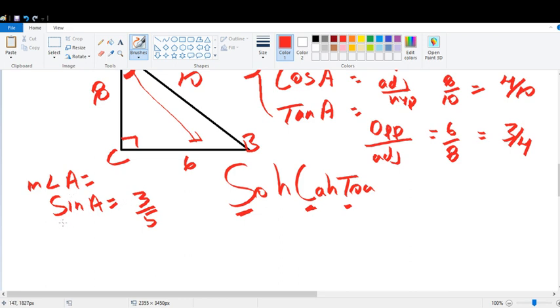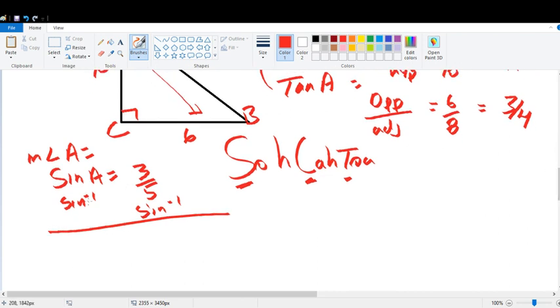In this case, the inverse of sine is just that, sine inverse. Sine inverse on both sides. Sometimes some books refer to inverse of sine as arc sine. Just know that they are the same thing. So we have A equals sine inverse of 3 over 5. So use your calculator to find out what that is.